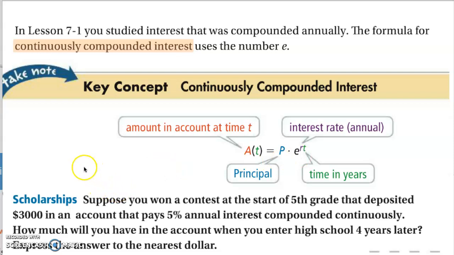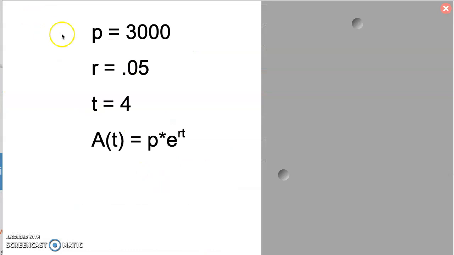Okay, so here's an example. Suppose you deposited $3,000 into an account that pays 5% compounded continuously. How much will you have in 4 years? So let's see how we're going to do that. So here's our values. P is the amount we start with. r is our interest rate. t is our time, 4 years. Here's our equation.